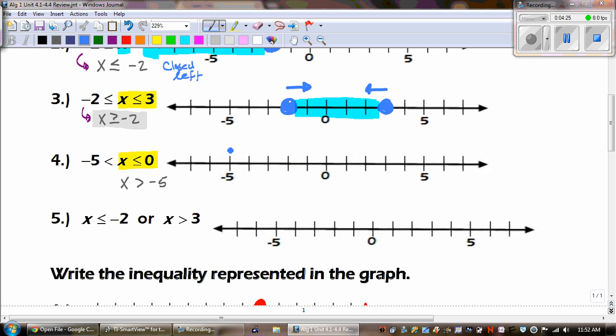So at -5, I am open, and we're going to shade to the right. And at 0, I'm closed, and it's less than, so I'm going to shade to the left. And so we end up shading everything in between.